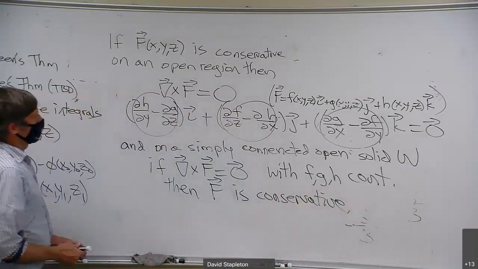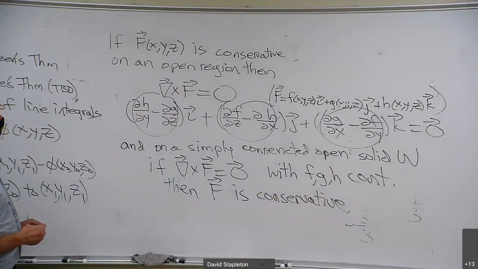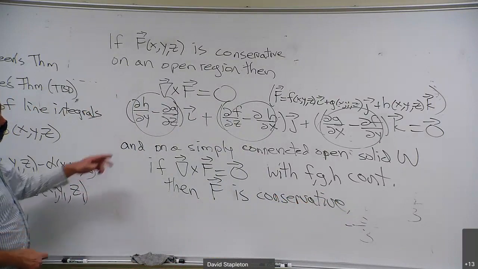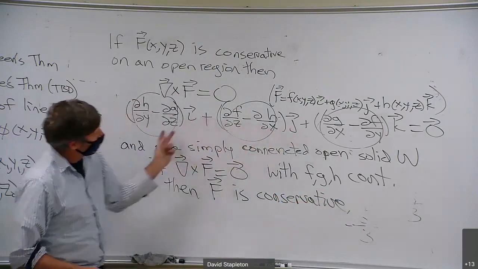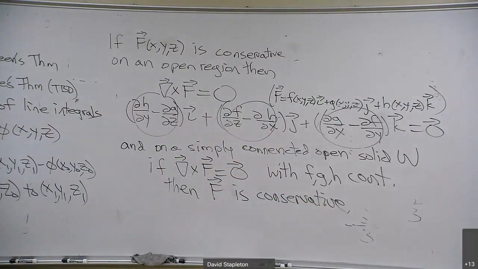All right. So that's the generalization to 3 dimensions. It's the same stuff. It's just that instead of dg/dx equals df/dy, you have this generalization that the curl of F has to be zero, which implies on a simply connected solid that it's conservative.